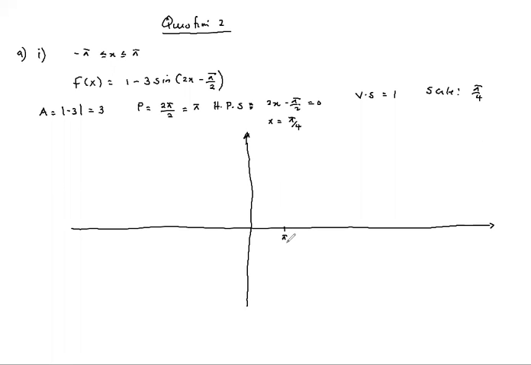So we have pi over 4, period, pi over 2, 3 pi over 4, pi, negative pi over 4, negative 3, negative pi over 2, negative 3 pi over 4, and negative 2, negative pi.